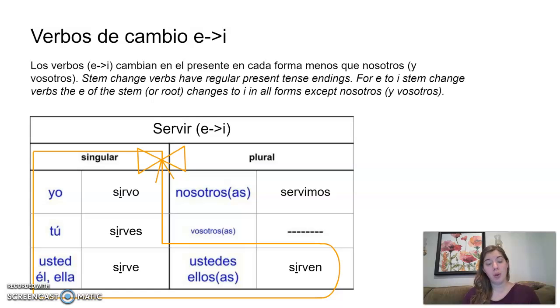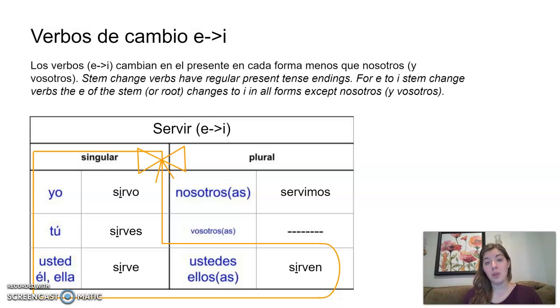Mira el ejemplo, servir. Yo sirvo, tú sirves, usted, él, ella sirve, nosotros, nosotras servimos, ustedes, ellos, ellas sirven. Ustedes recuerdan que estos verbos de cambio se pueden llamar verbos de zapato, shoe verbs.